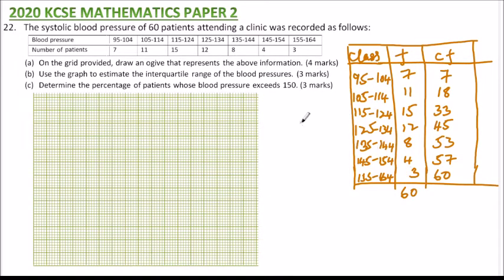So with that, we can now draw the ogive. For the ogive, we use the upper class boundary. So the boundary for the first one is 94.5. So you come here and say this is 94.5.